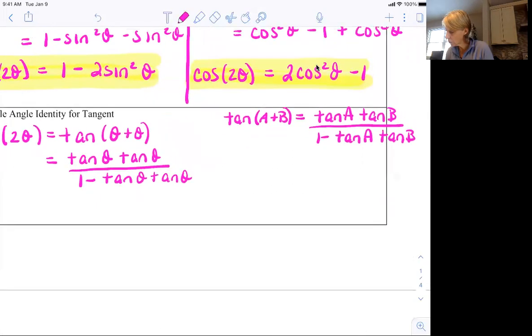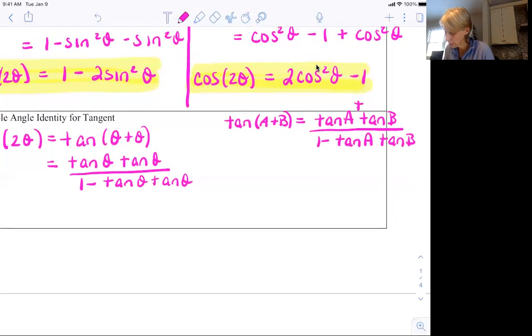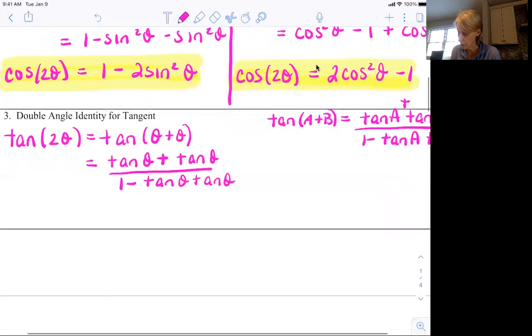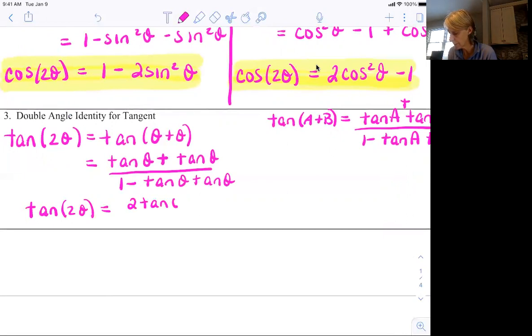And I copied this down wrong. This has a plus in between. I knew I did something wrong. I'm going to give you guys a second to correct this. Okay, so there should be a plus in between there. I'm very sorry. And cleaning this up, tan theta plus tan theta gives me 2 tan theta over 1 minus tangent squared theta.